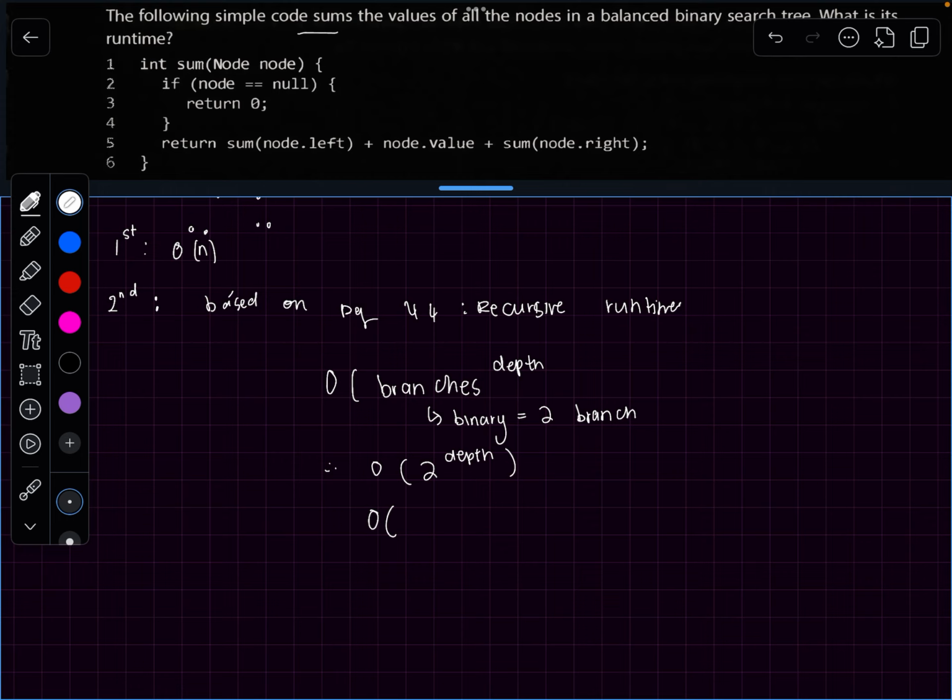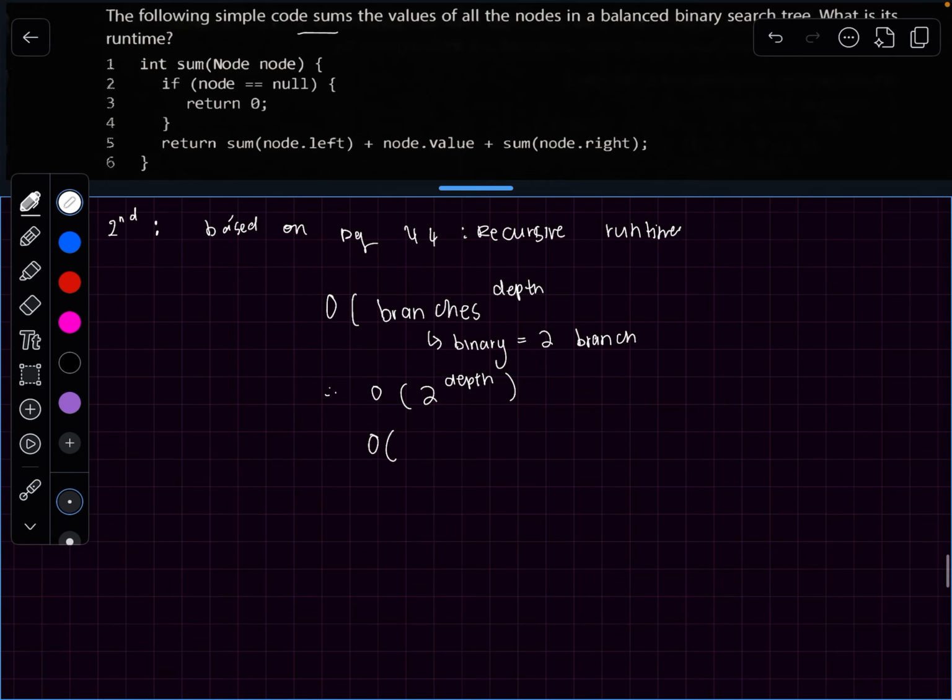Then we have to work out the depth. Remember, on page 44, under the heading log n runtimes, we had an example of a binary search, and the binary search goes from n elements, where n was 16.